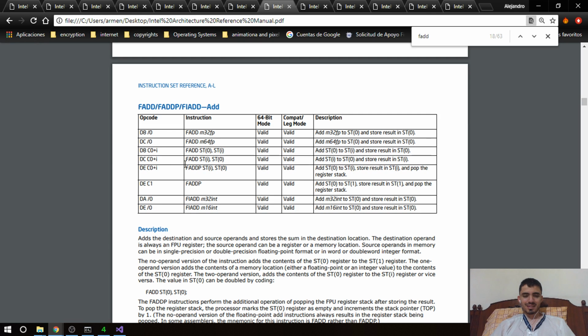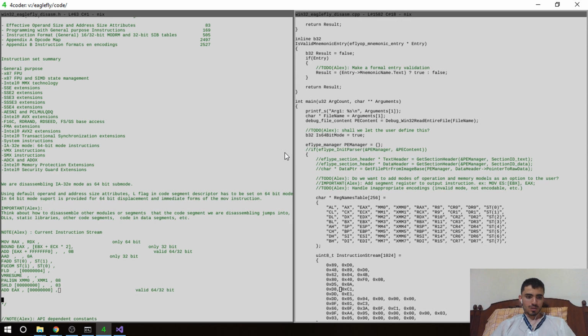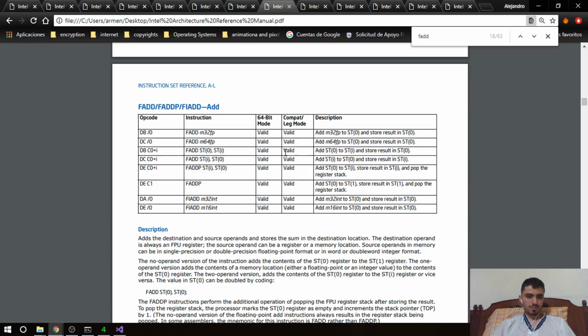Good. Then that's going to be ST0 STI valid. Okay, good. That's good. Valid 64 32, only 32. Valid 64 32. The FUCOM.